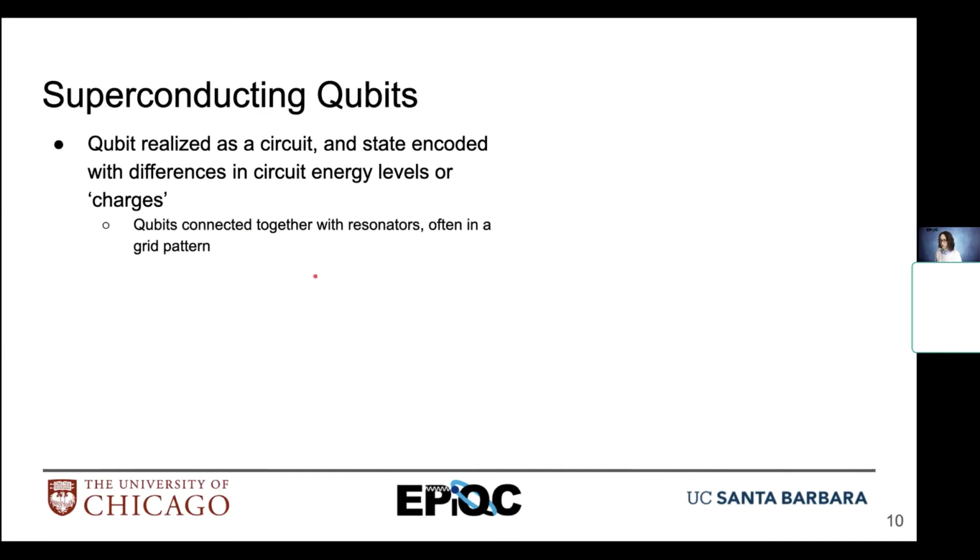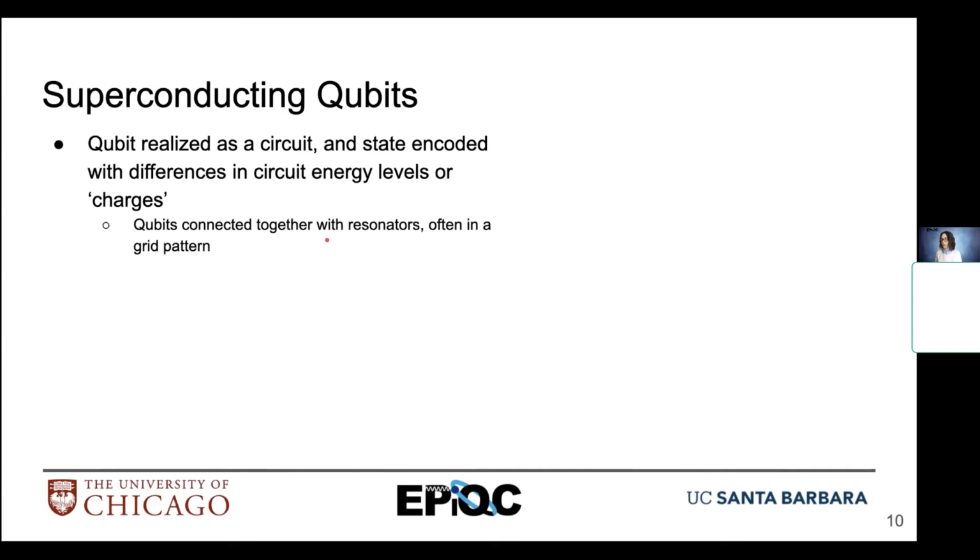In these superconducting circuits that have many qubits on them, we have these qubits connected together with resonators, often in a grid pattern. So we talked about that whole communication issue. We need to have qubits be able to communicate with each other to implement operations. And oftentimes they aren't fully connected in a full mesh topology.